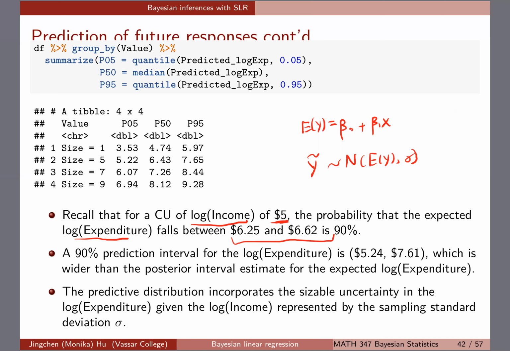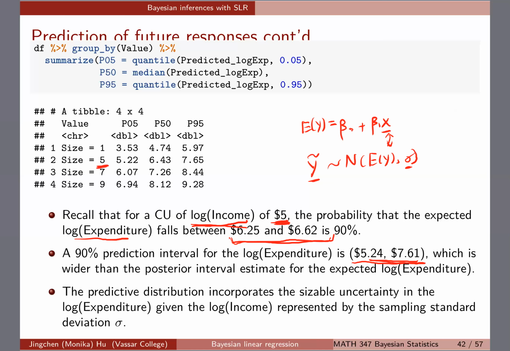So naturally, because now we're incorporating more variability in the prediction, if I'm fixing the same x, I will have a wider spread of the predicted values of y compared to my mean. And that's what you see here. So earlier, when your log income is 5, the 90% credible interval for the posterior expected log expenditure is 6.25 to 6.62, whereas if you're looking at the prediction interval, it's much wider, when you're working with the same log income of 5.